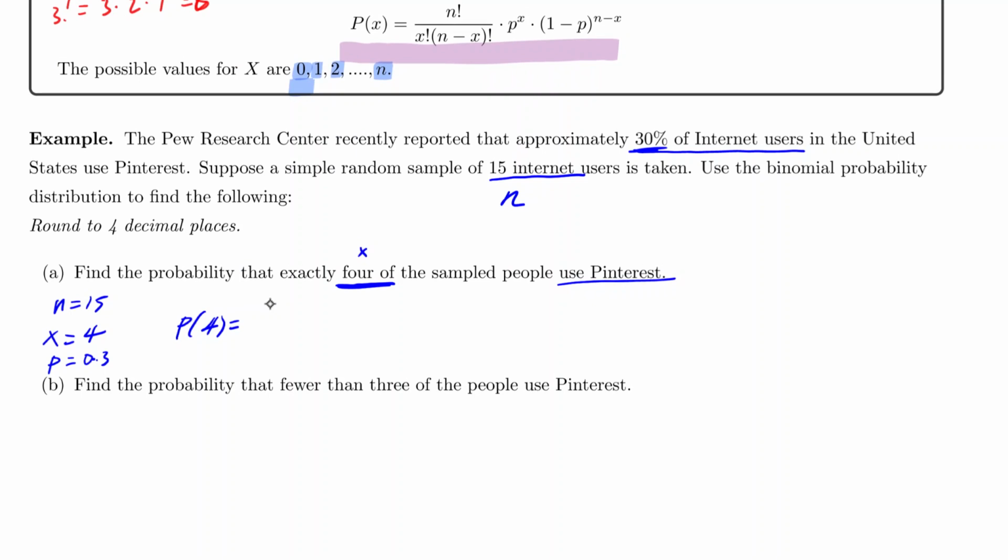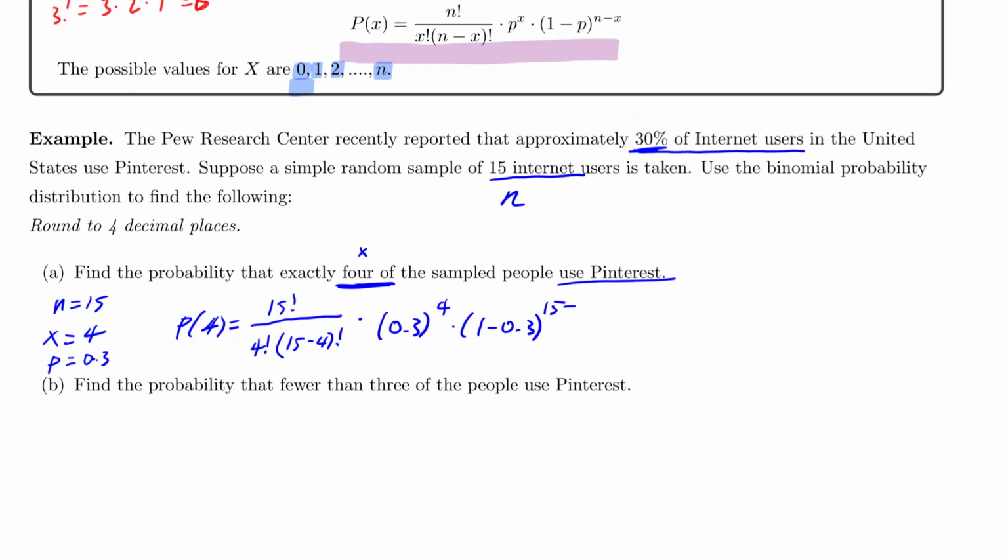Well, n factorial, 15 factorial over x factorial, 4 factorial times 15 minus 4 factorial, multiplied by 0.3 raised to x, which is 4, times 1 minus 0.3 raised to n minus x.